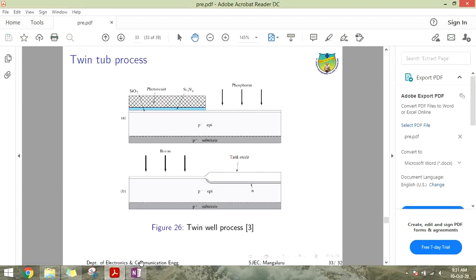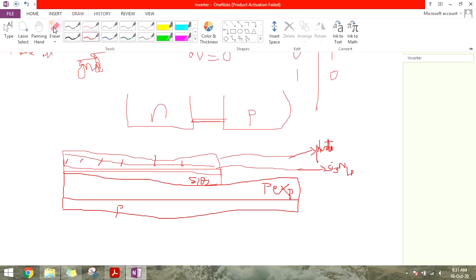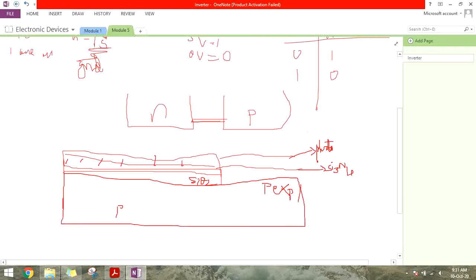To form a N well, the N well has to be formed in this particular region. So we'll draw the epitaxial layer a little bigger, and then the substrate. So this is the P substrate now, and then you have the epitaxy layer. So this entire thing is the epitaxy layer.